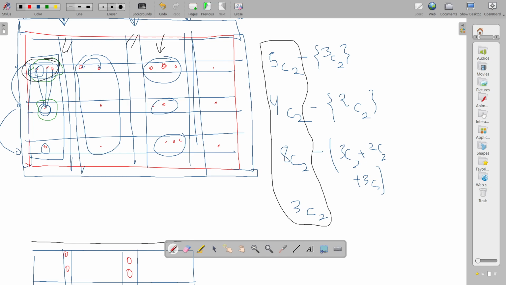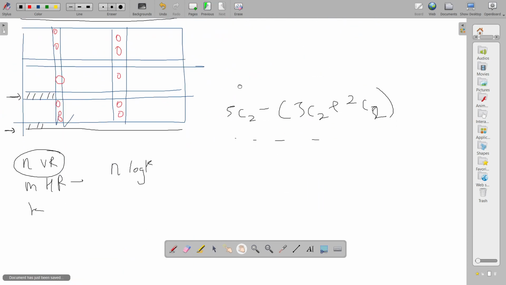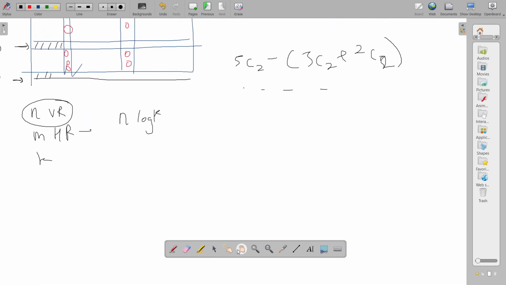Between these two x coordinates exclusive there are 4 elements. There are 8 elements and 3 elements. So you can do a binary search, and that would cost you a complexity of n log k. Similarly, when you iterate over the horizontal roads, that would cost you a complexity of m log k.